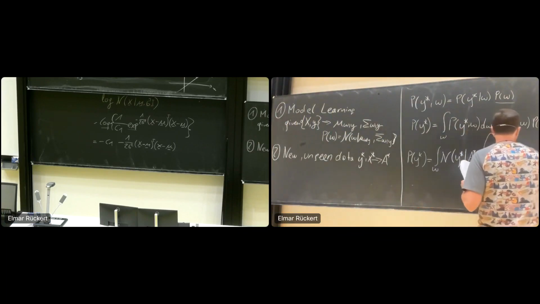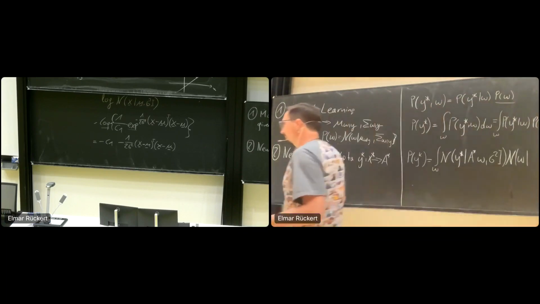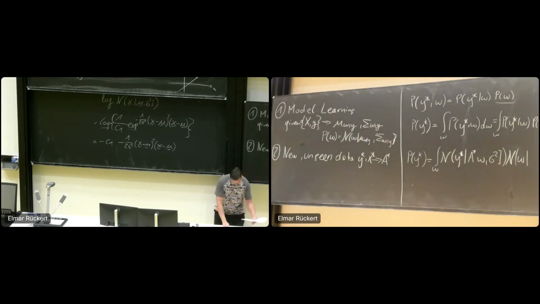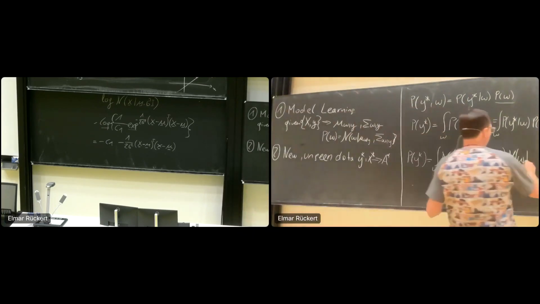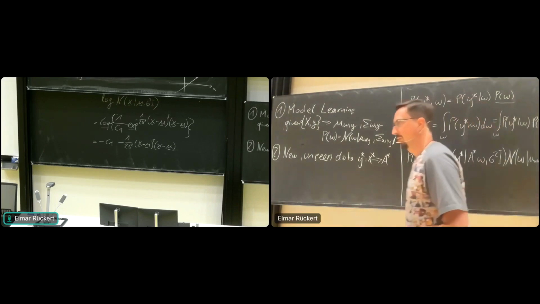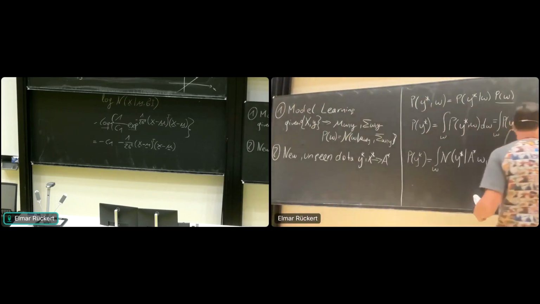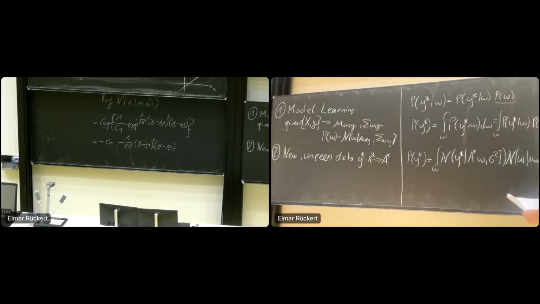Times our prior, the Gaussian prior over W. Now green, where was green? Green is here. Our two model parameters, mu of W given by, and our covariance, sigma of W given by, dW.